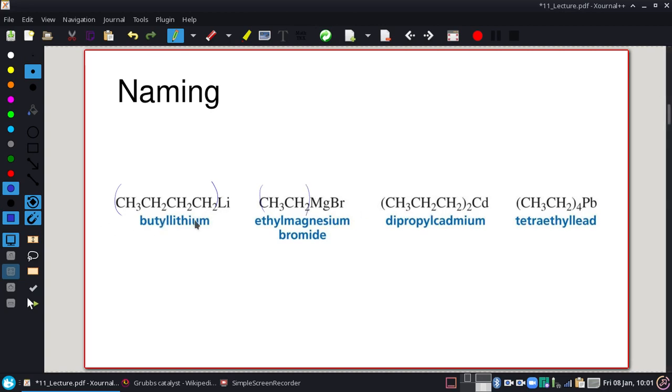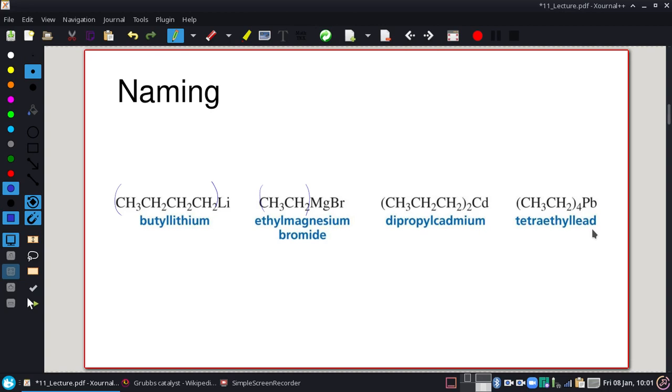So butyl, ethyl, propyl, and there's ethyl again. And then we say what metal they're with. So butyl lithium, ethyl magnesium bromide, propyl cadmium, and it's di because of 2, so dipropyl cadmium, and ethyl, but there's 4 of them, so tetraethyl lead. And that really is the trick.